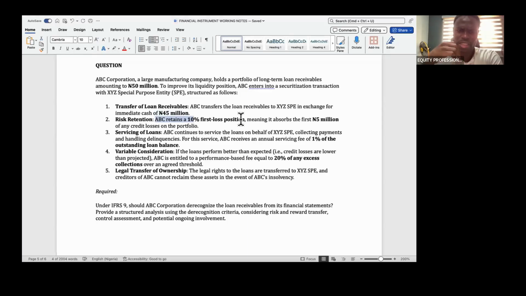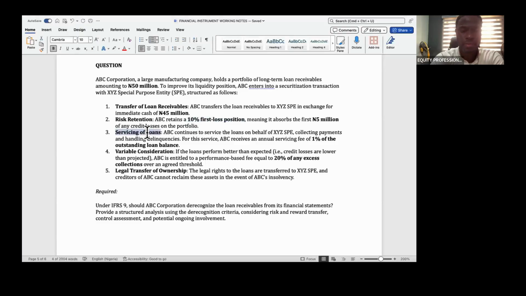So if there is credit loss, if the securitization vehicle, the XYZ SPE, is unable to recover those loans, ABC is saying that I would suffer the first 5 million, right? I would suffer the first 10% of that default.